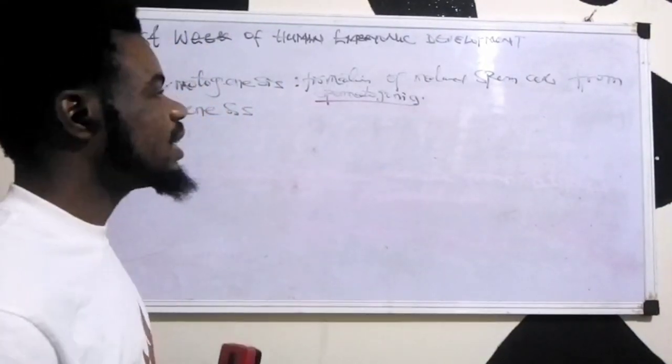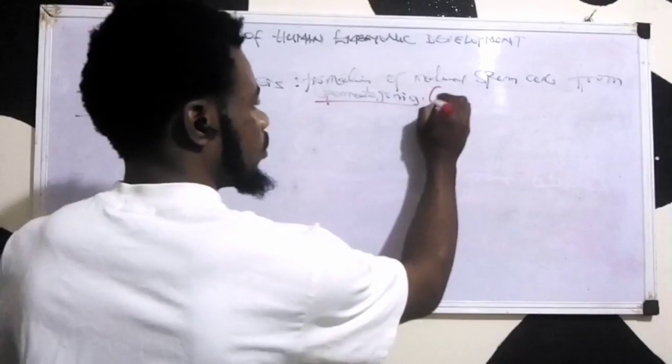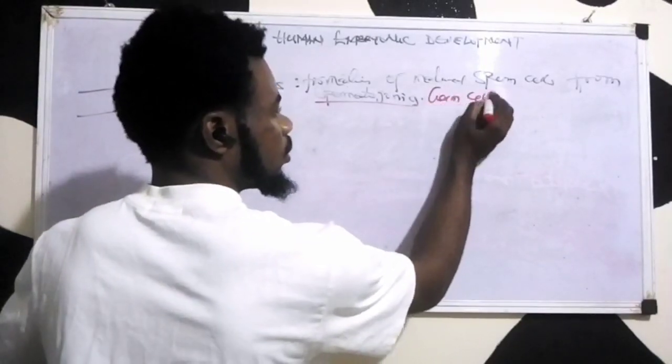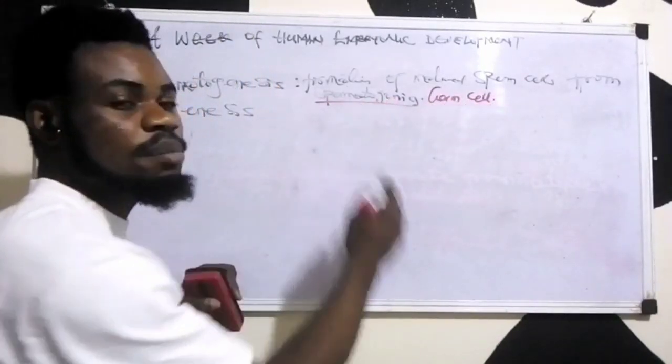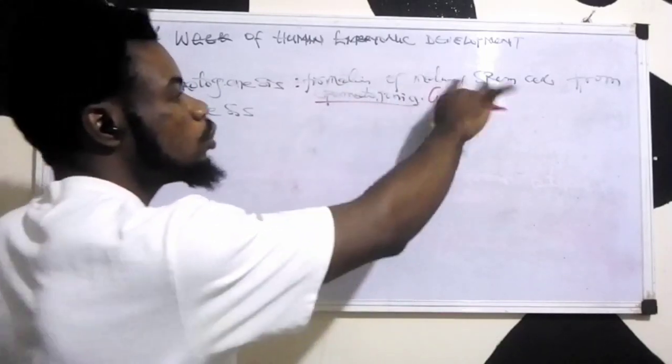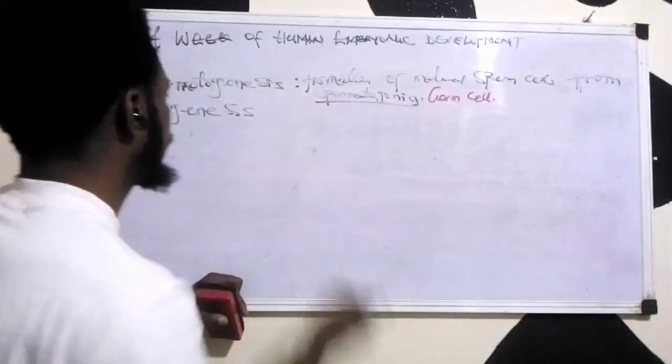Spermatogonia is actually a germ cell in germ stem, meaning it has the ability to differentiate into a matured sperm cell.